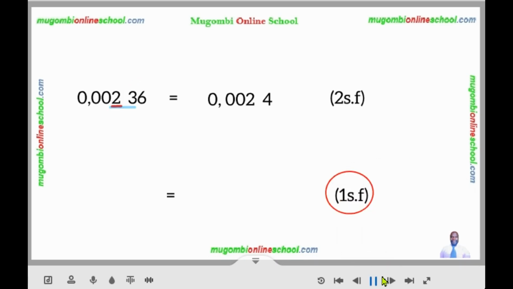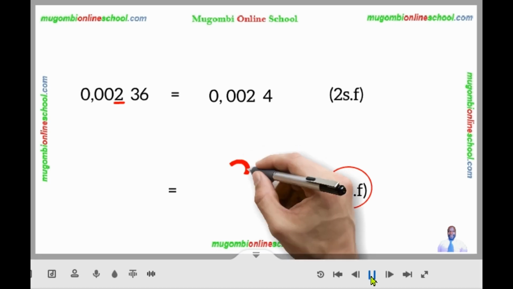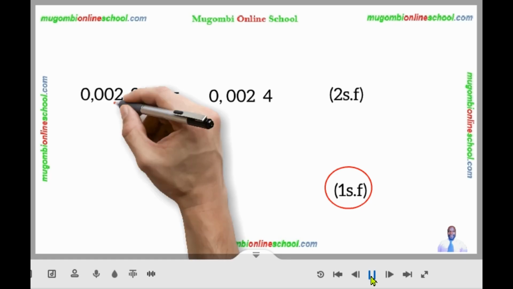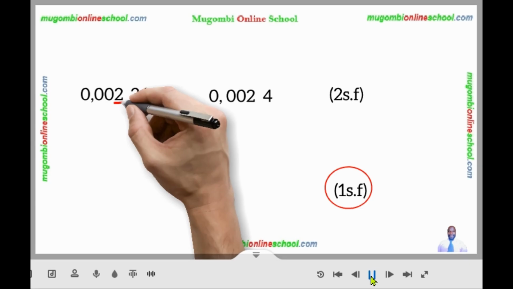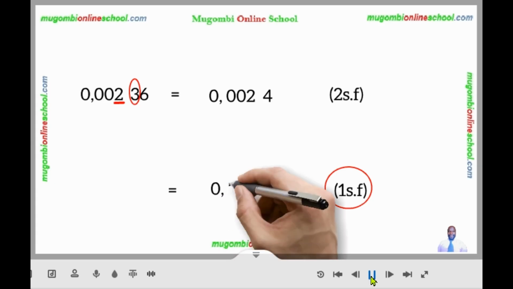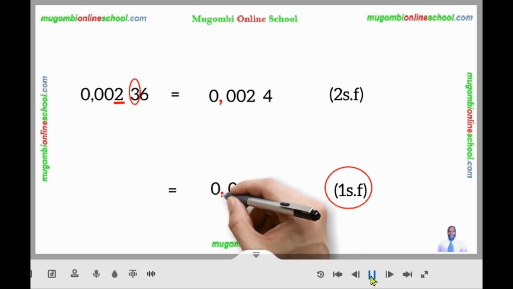And then to 1 significant figure, what did you get? So in this case, to one significant figure, we first locate the first non-zero digit. In this case, it is 2 again. So 2, we look at the next digit if it is above or equal to 5, and it is 3 and below 5. So we are not going to add anything. Our answer becomes 0.002.